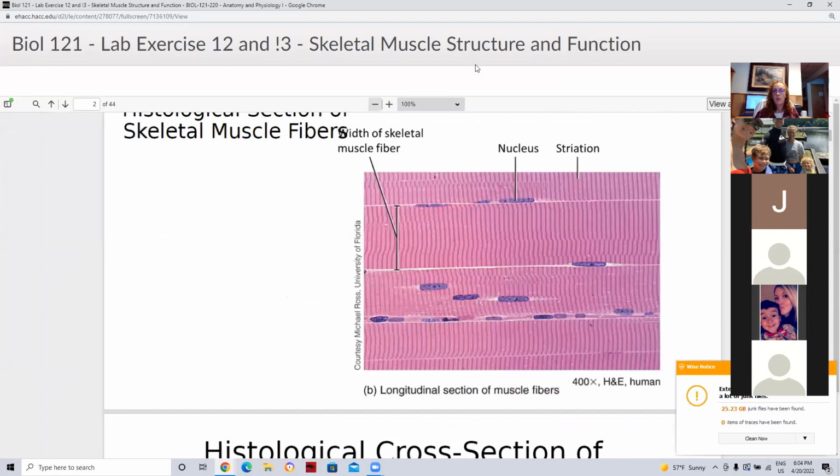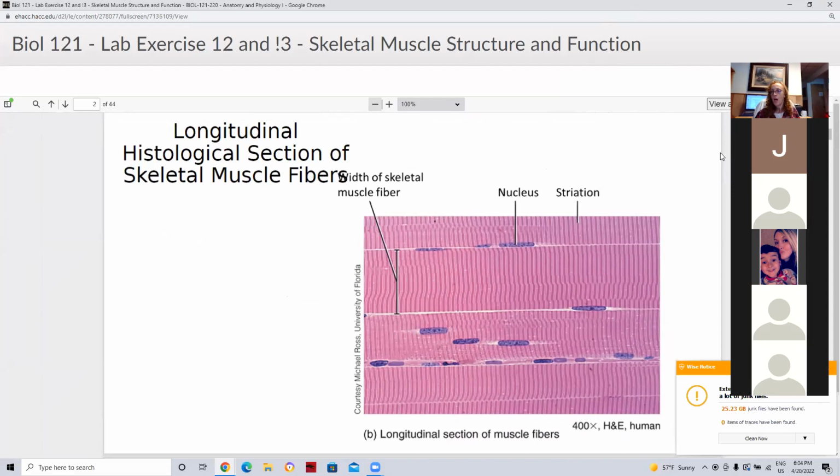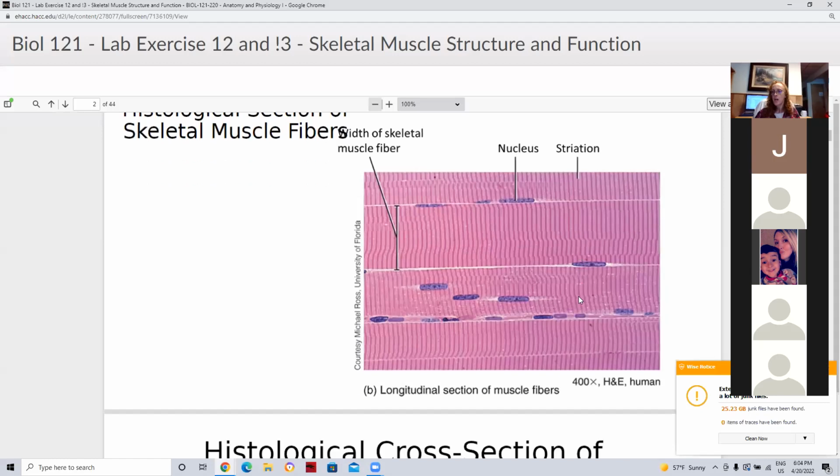If you remember from the other night, skeletal muscle is striated with multiple nuclei, and the nuclei tend to be off to the side. The striations are based on the fact that there are thin and thick myofilaments.